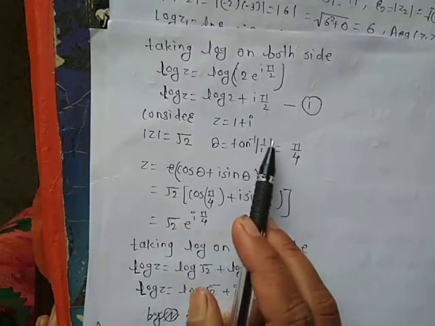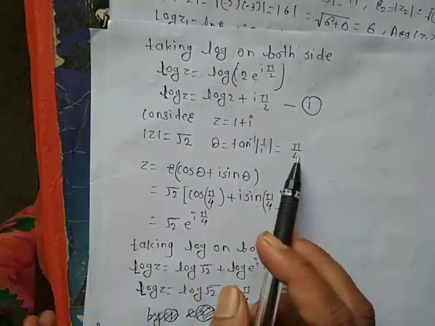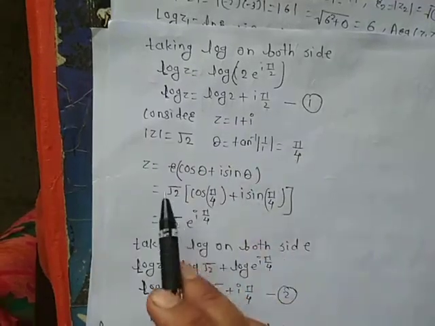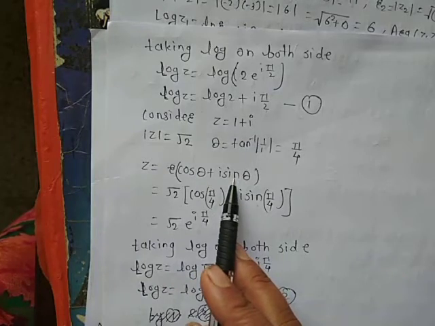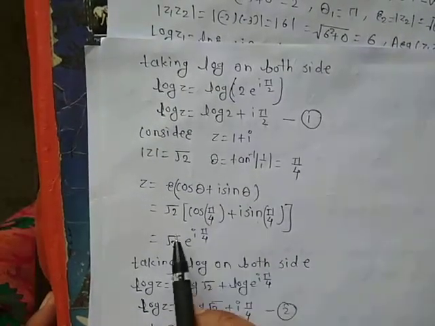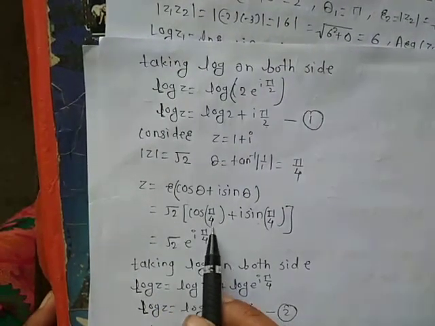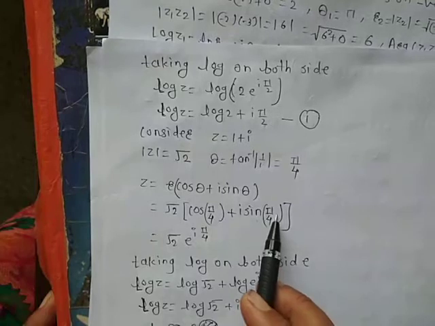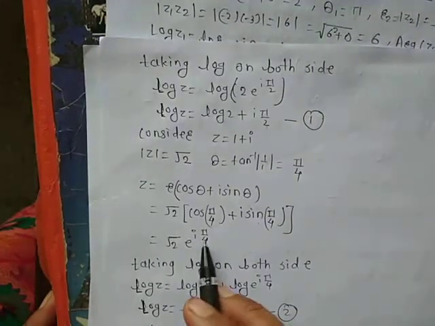Theta is tan inverse of modulus of 1 upon 1, which is equal to pi by 4. z is equal to r into cos theta plus i into sin theta. So under root of 2 cos of pi by 4 plus i sin pi by 4. This can be written as under root of 2 e raised to i pi by 4.